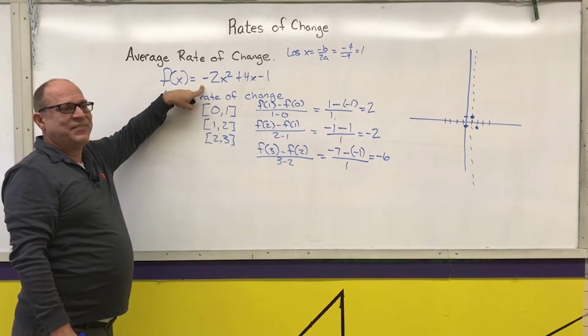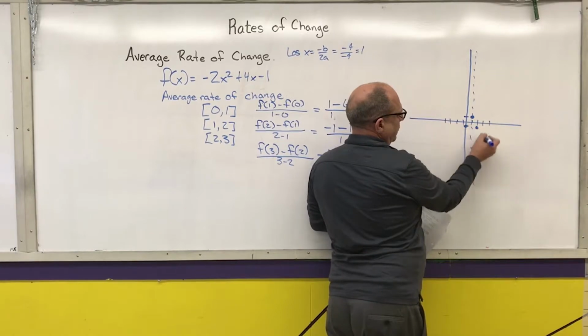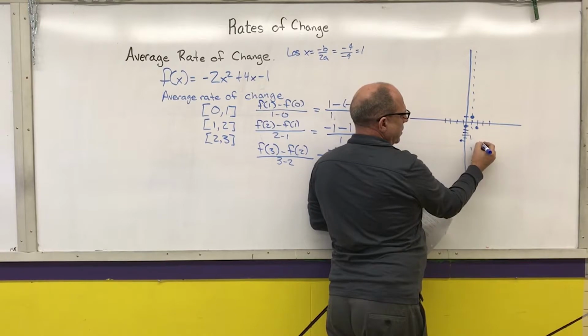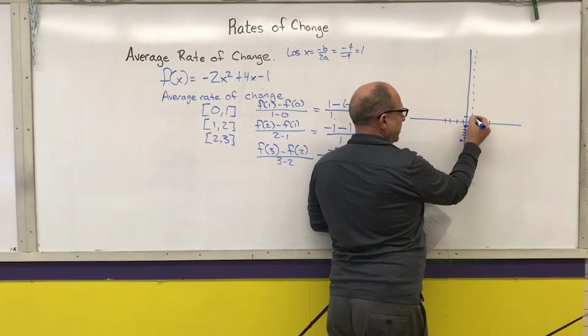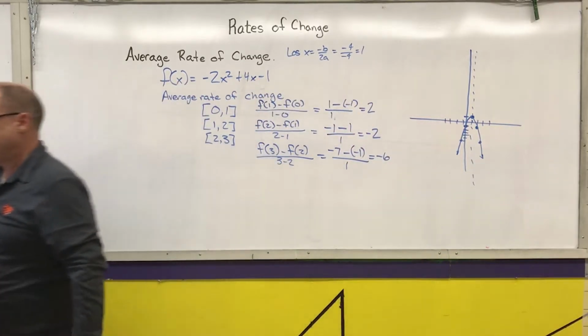So I'm going to go down -8. So if I go over 1 more, either to -1 or 3, I'm going to be at -8 from there, which would be -7 overall. 3, 4, 5, 6, 7. So here is a rough sketch of the graph of what I'm trying to find the average rate of change of.